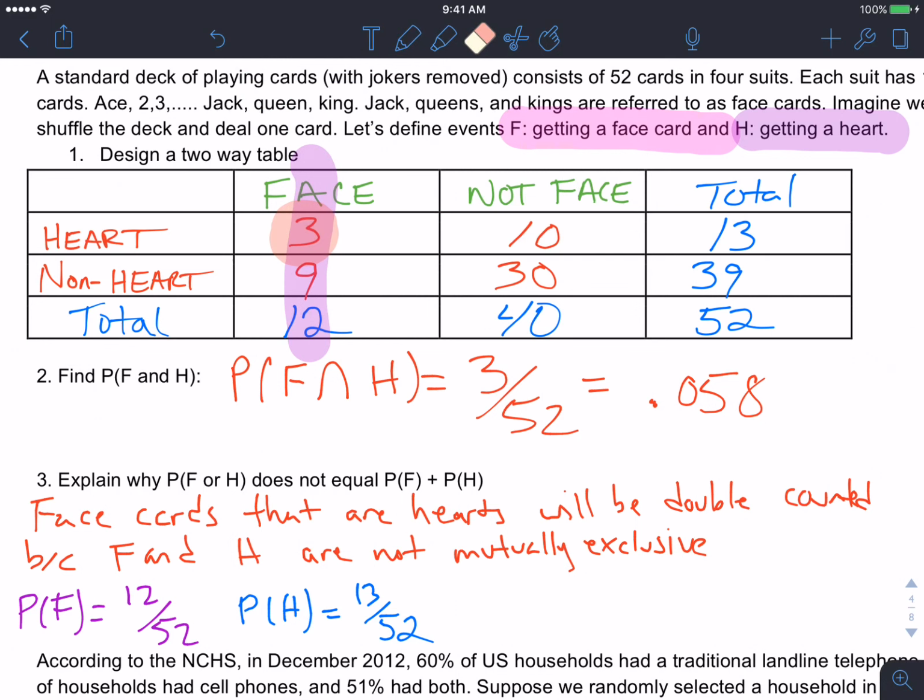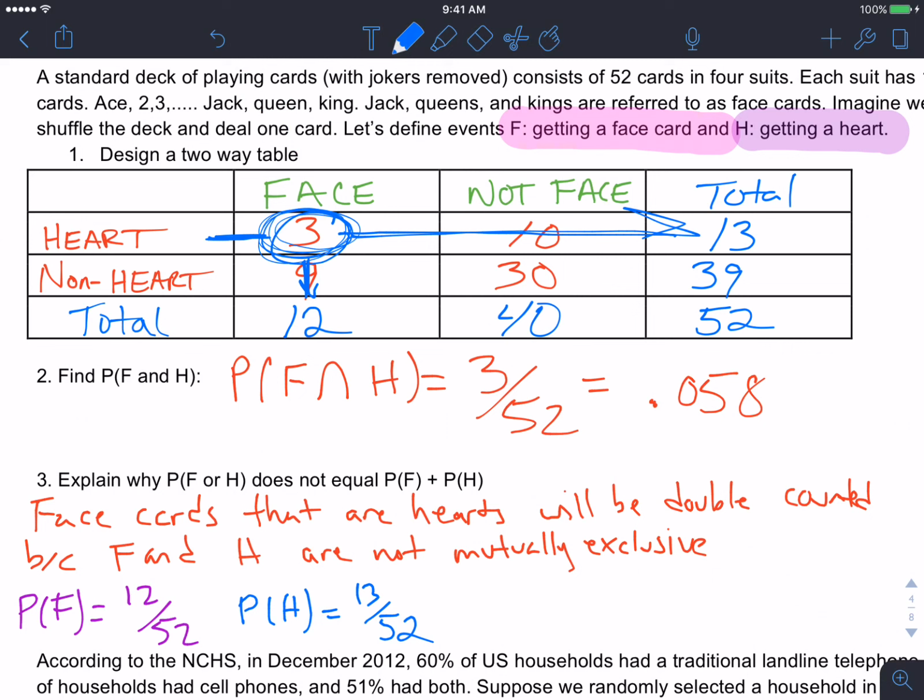Notice there's an intersection, and the intersection of face and heart occurs at this 3. What happens is that 3 actually gets double counted. We count that twice, so we need to take it out once.